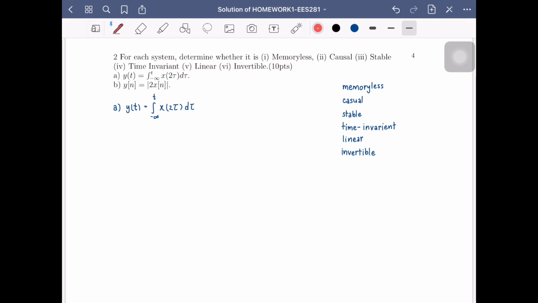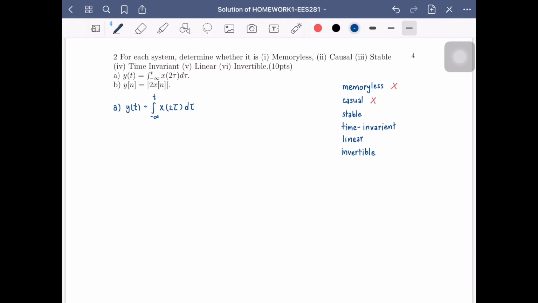Since it depends on past, present, and future, it's not memoryless. A causal signal depends only on past and present values, and this one depends on a future value, so it's not causal either.